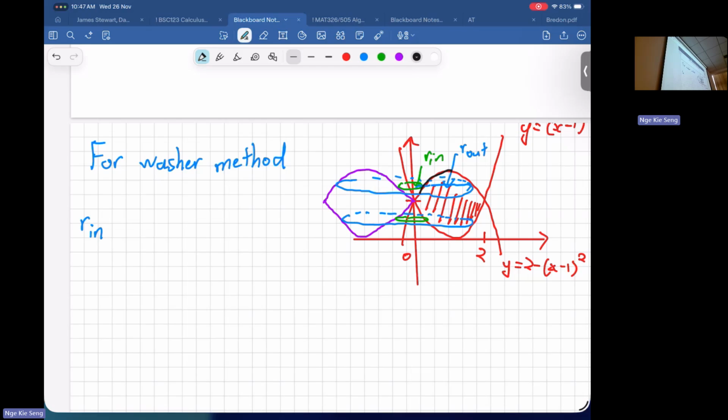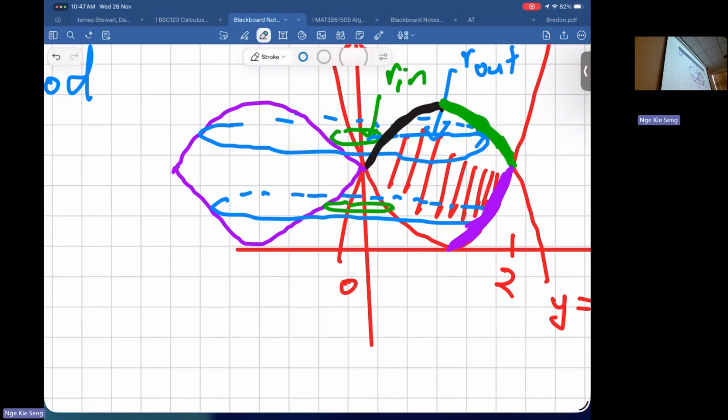Let's use the red one, the black one, and the green one, a thicker one, then purple and blue.